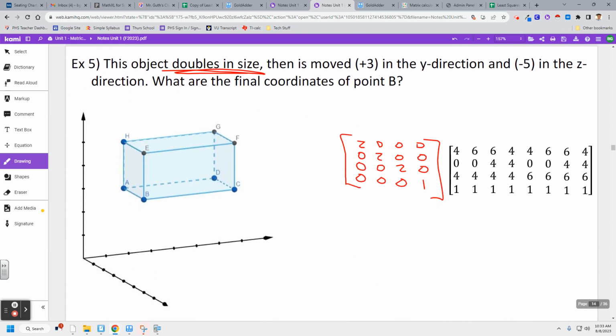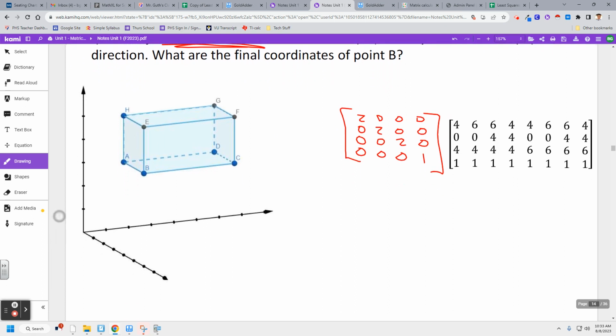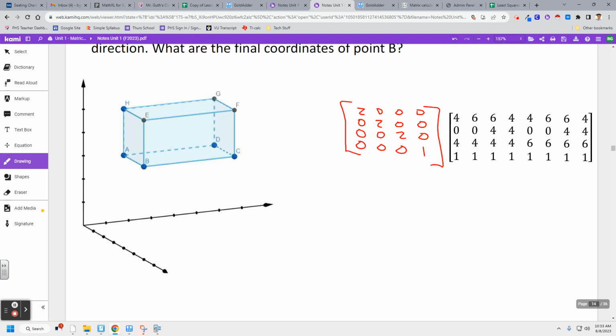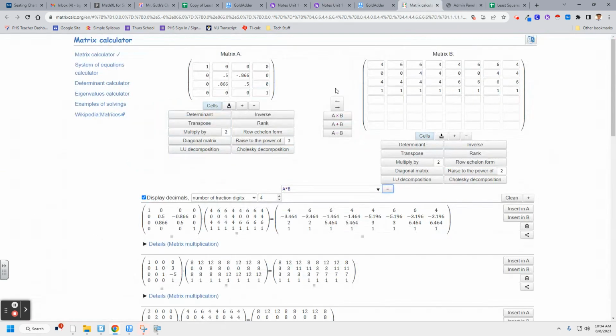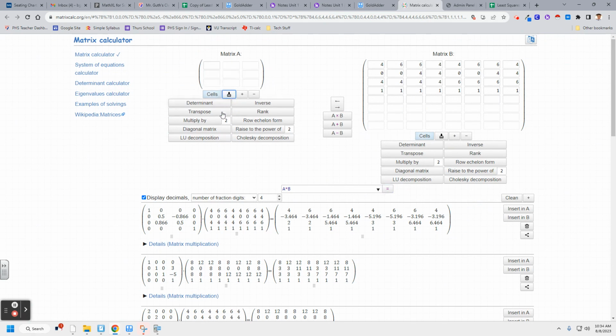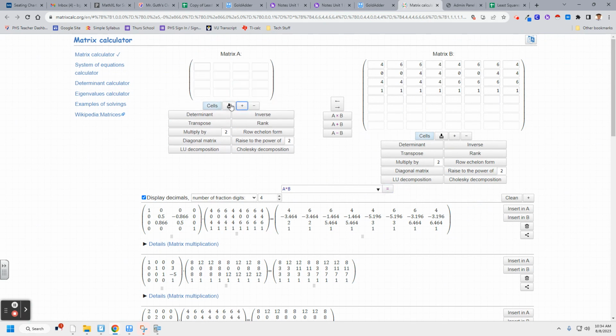Now, we have to double it first, and then we can worry about the translation, the sliding it, okay? But we need to do that multiplication first, okay? So I'm going to go back to my calculator, and I'm going to clean this one.